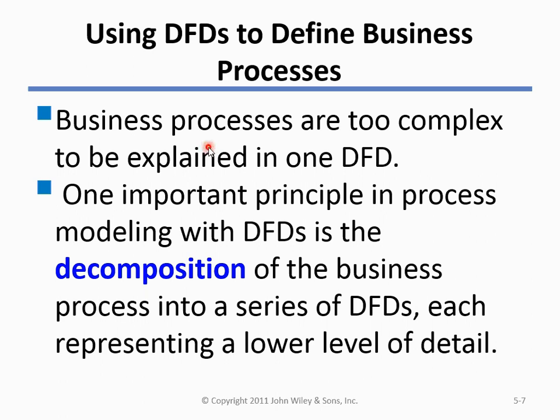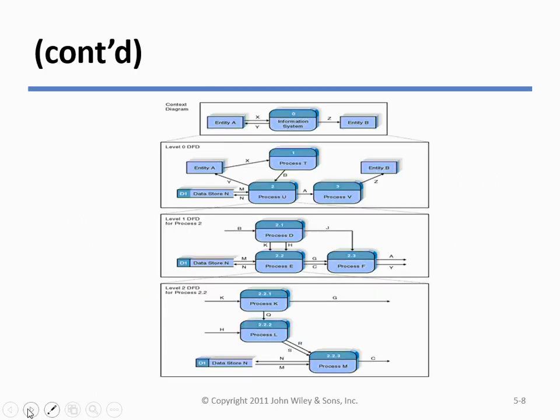So this notion that we take a big process and break it down is fundamental. Here's the idea. Here's a context diagram. Context diagrams, as you should know, have just exactly one process and the key external entities.